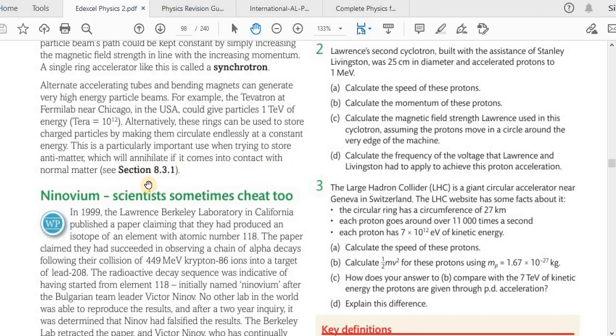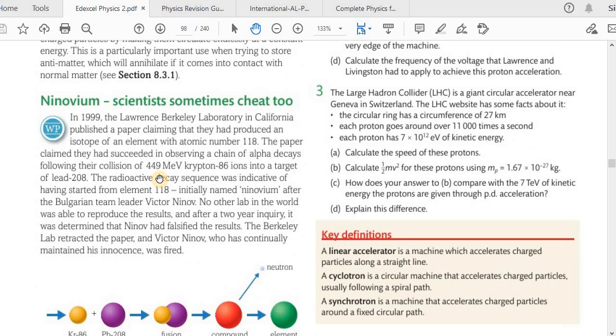We have already learned, in the next section, 8.3.1, that if you have a positron and an electron coming together, they annihilate. You will get 2 photons of gamma radiation when it happens. So the mass becomes energy.